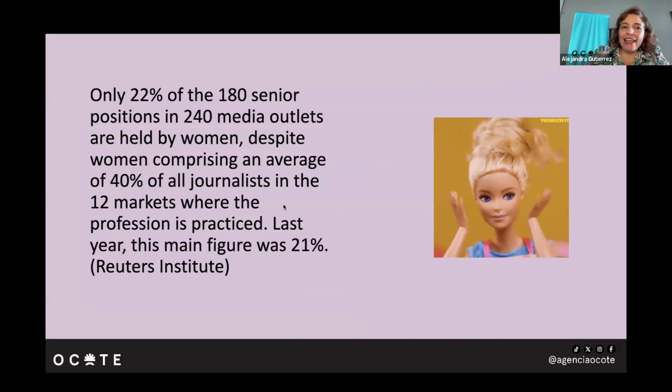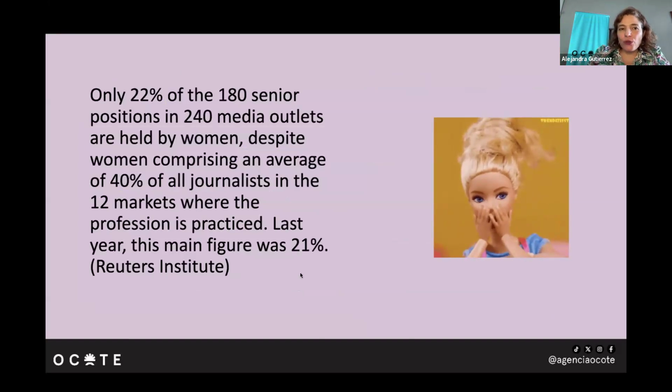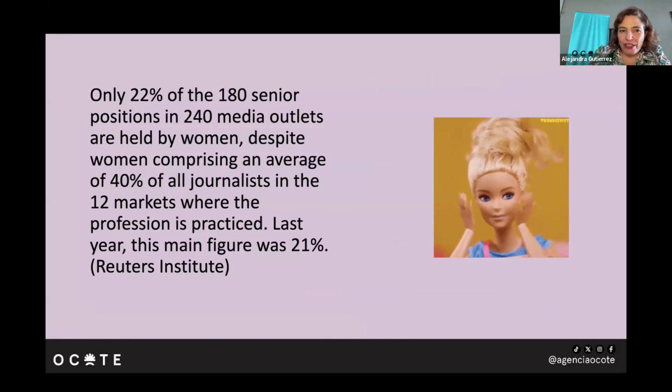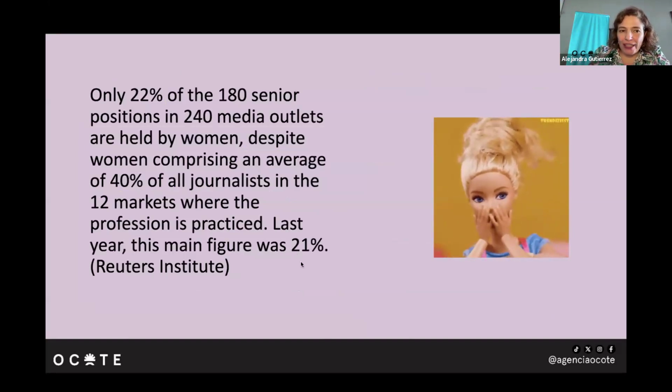revertir esas cifras. Aquí hay otro dato del Reuters Institute en el que de un gran mapa de medios de comunicación, solo el 22% de las posiciones senior estaban ocupadas por mujeres.